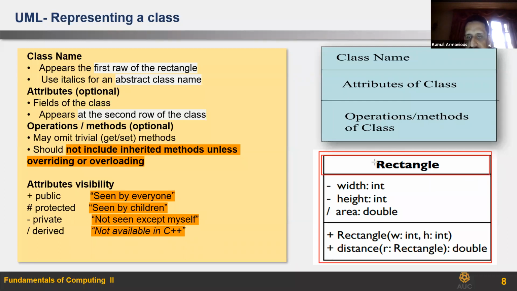If the class name is in bold, or at least not italic, this means that it is a normal class name. If it is italic, it is an abstract class name. And those are the names of the attributes, the data type, and the visibility of the attribute. The visibility of the attribute can be public.